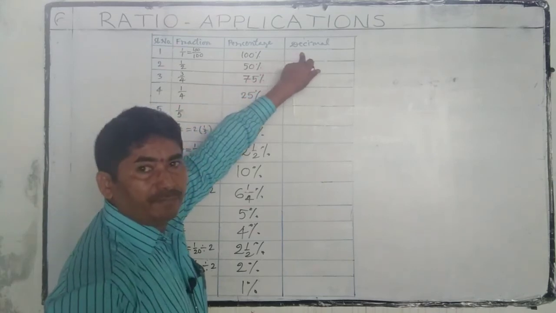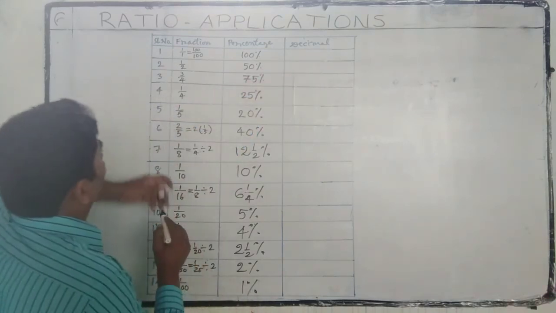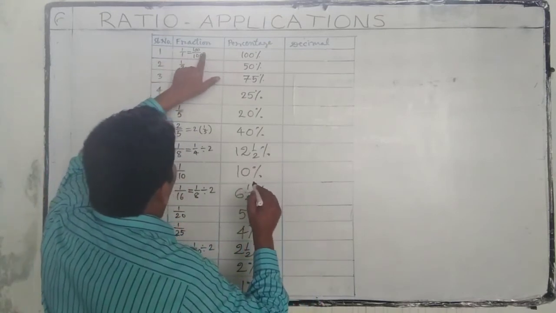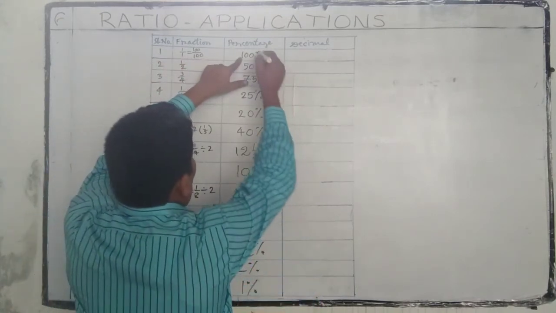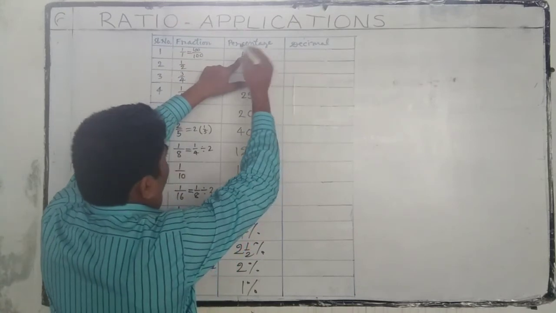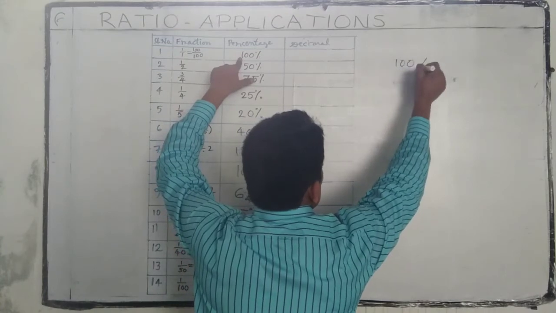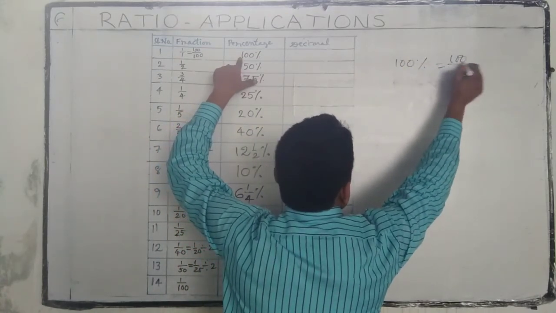Next, decimal of 1 by 100, 100 by 100 or 100%. Shift the decimal to the left by 2 places. 100% is equal to 100 by 100.